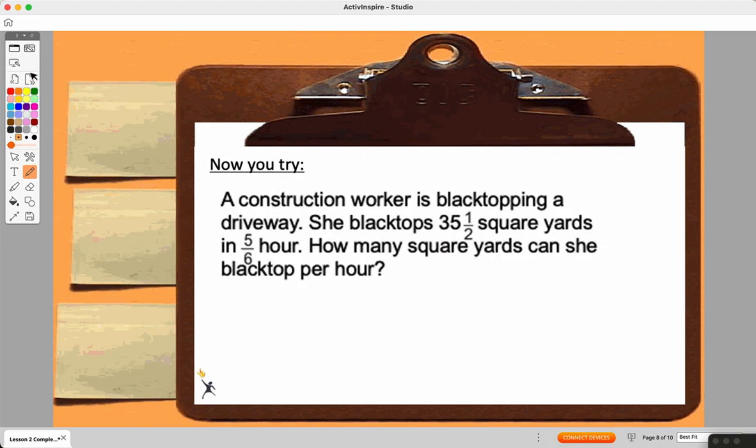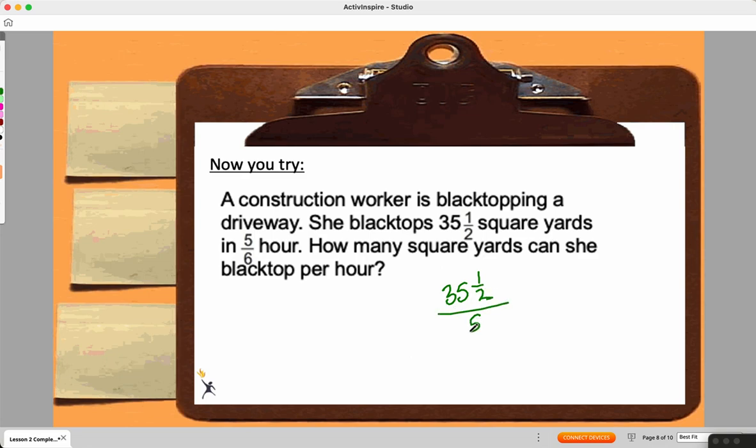And then we take a look at our blacktopping problem. It's the same structure, 35 1/2 over 5/6. We're going to turn that into 71 over 2 divided by 5 over 6. Wait, did I do that right? Yep, 71, I'm right. Over 5 over 6, so we're going to multiply by 6 over 5.